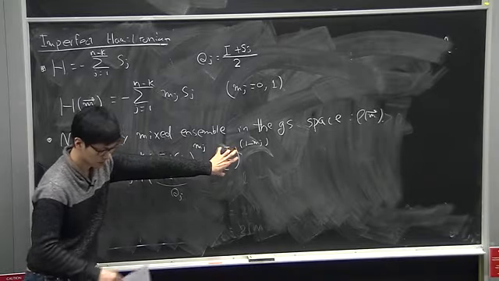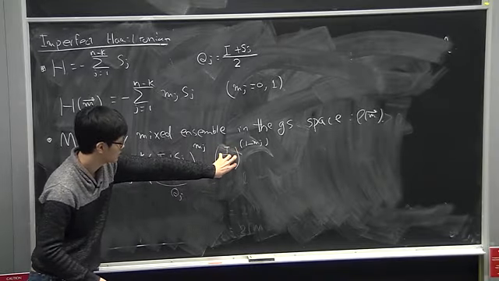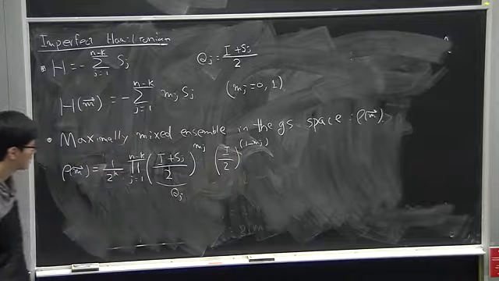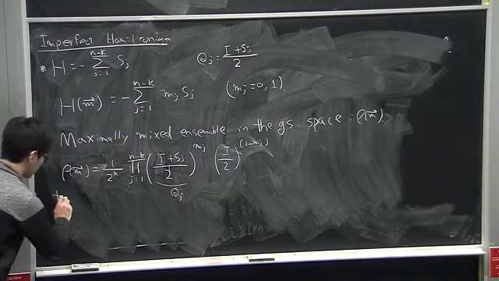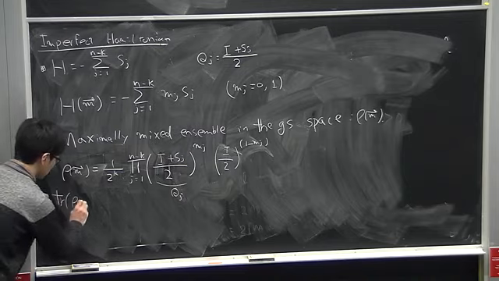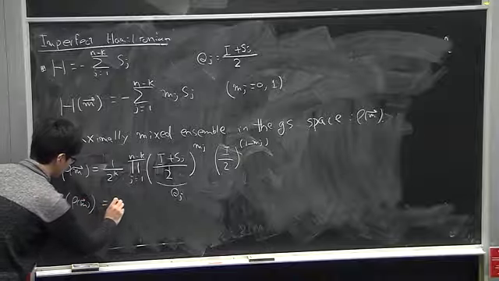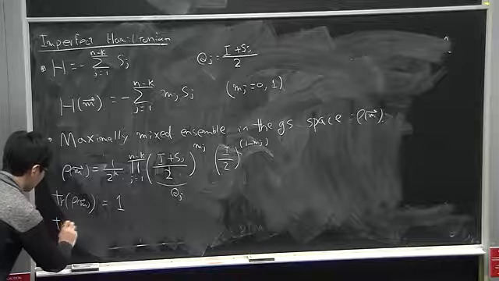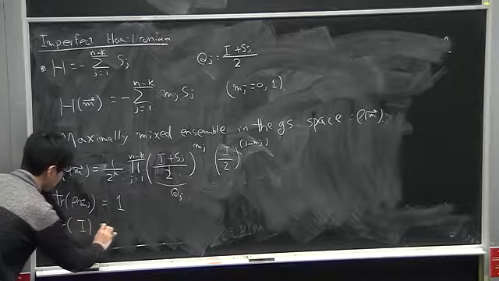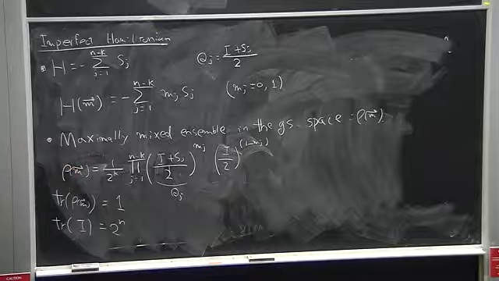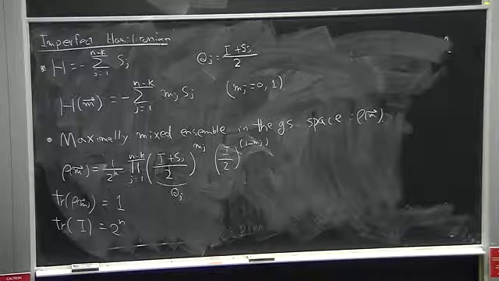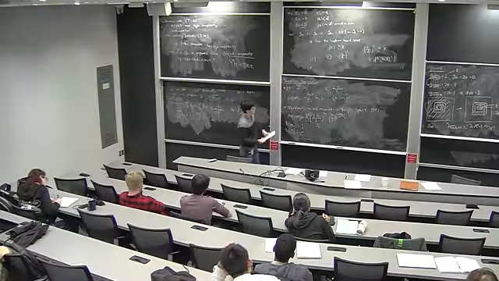Otherwise, you just consider the maximally mixed state, that is the identity. And this bunch of twos are important because the trace of the density matrix must be equal to 1, while the trace of the identity operator is 2 to the n. This is just a normalization factor. Okay, so this is the imperfect Hamiltonian.